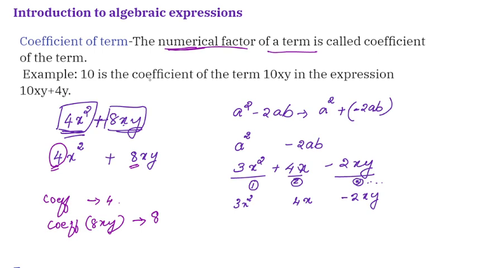Okay. So, for example, here in 10xy plus 4y, what is the coefficient of the first term? That is 10, the coefficient of the first term. What is the coefficient of the second term? That is 4. Okay. Now, consider this equation. In this equation, what is the coefficient here?